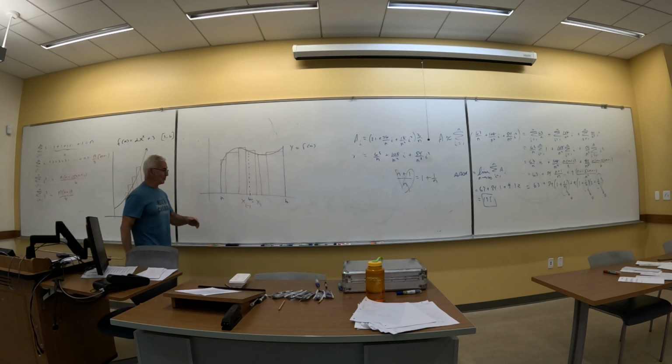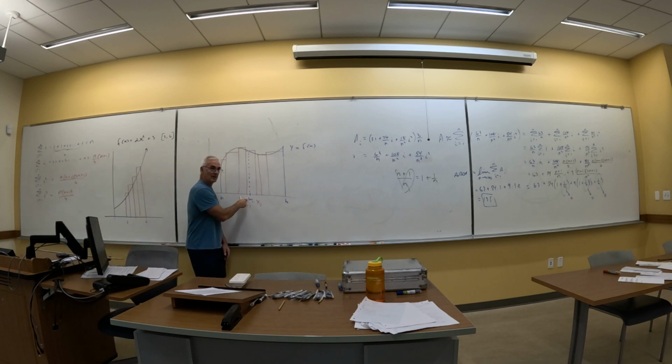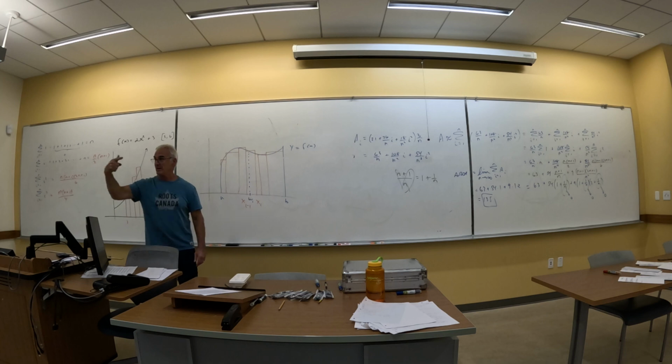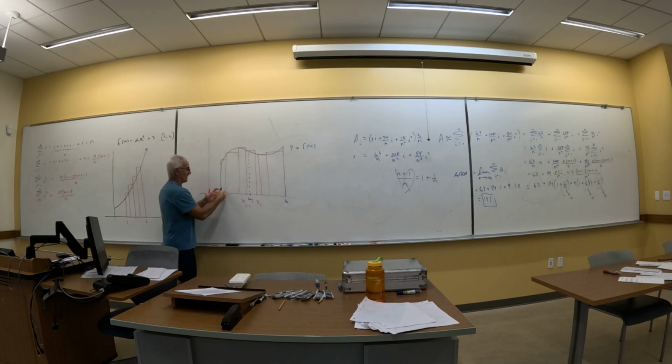W sub i could be the left endpoint, it could be the right endpoint, or anything in between. But it's the place in the ith interval that I calculate the height. That's why it's a w sub i. In the first one, that's going to be w1. In the second one, it's going to be w2, and so on.